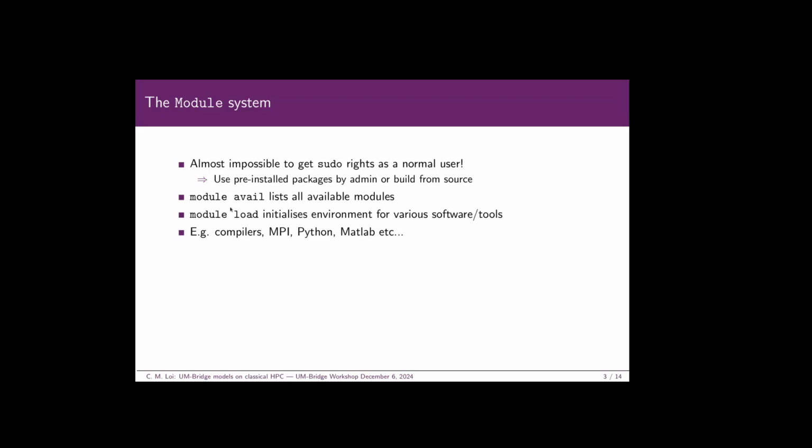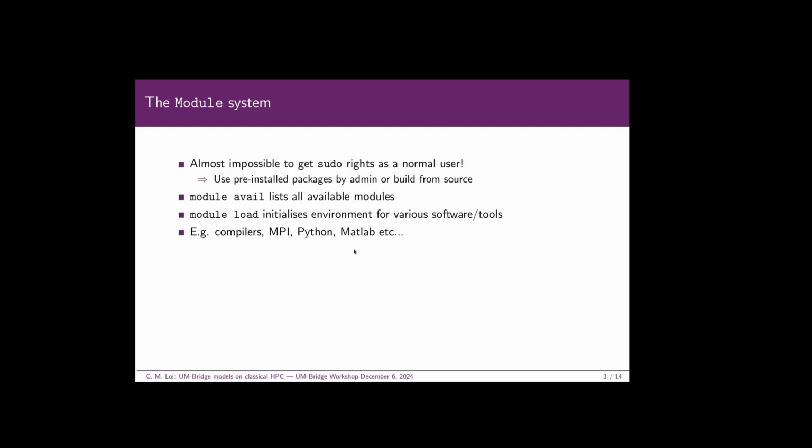What the module system does is set up the environment variables in your path so that when you type a command in the terminal, it will be recognized. Things that you could set up using the module system are compilers like GCC, Fortran, or packages like Python, MATLAB, and so on.